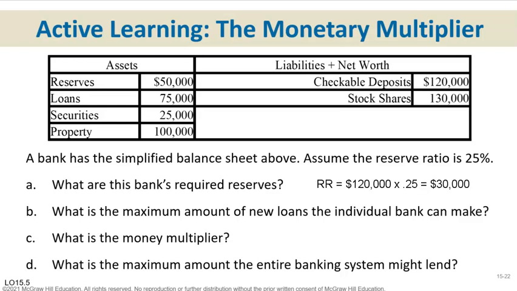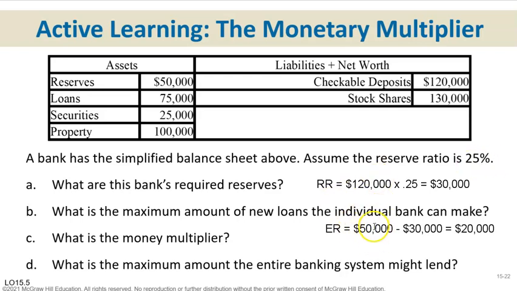Step 1 is to solve for the bank's required reserves. We calculate required reserves by taking checkable deposits, which is 120,000, multiplying by the reserve ratio in decimal form, so times 0.25. That will give you $30,000. To solve for the maximum amount of new loans that the individual bank can make, we want to solve for excess reserves.